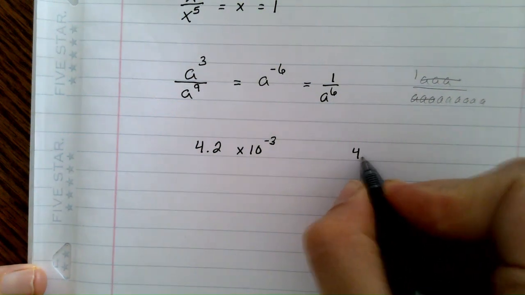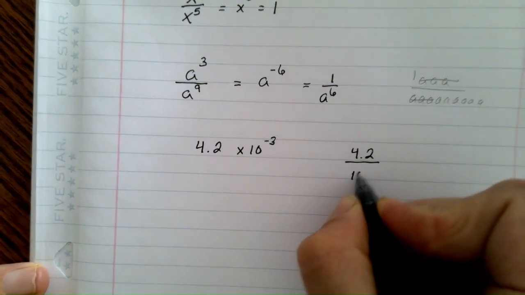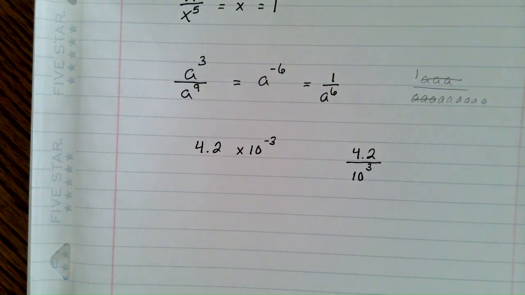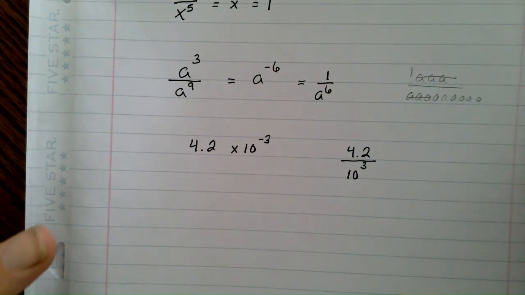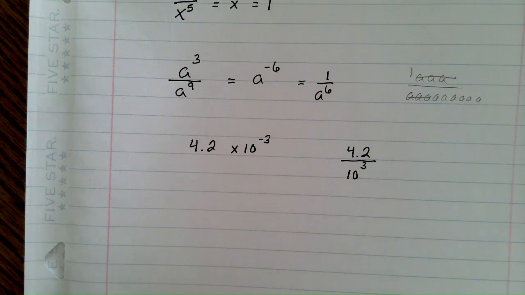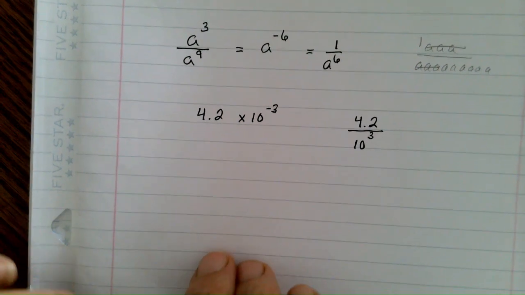So you're really doing 4.2 divided by 10 3 times. So you have been doing negative exponents more than you think. However, you may or may not recognize that you're doing it. So this is just a quick synopsis of reminding you of stuff. There's one more I need to remind you of. Actually, two more.